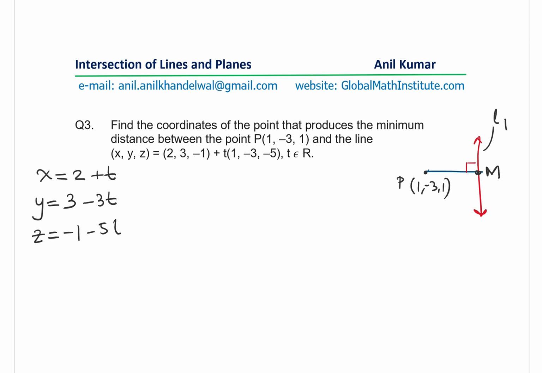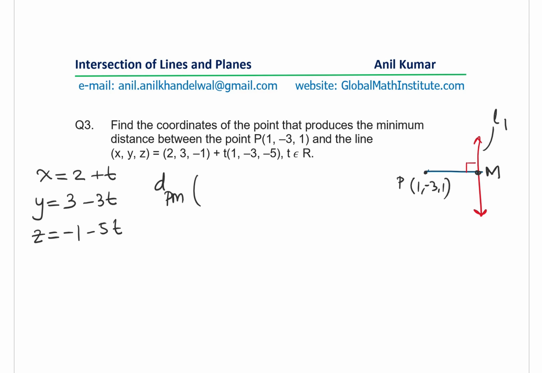Correct? So that is a point in general. We can say this is the point M. Now, slope of this P to M is what? So slope, or the direction we should say, P to M. We should use the word direction, not slope, in vectors. So let's say D, the direction from P to M.